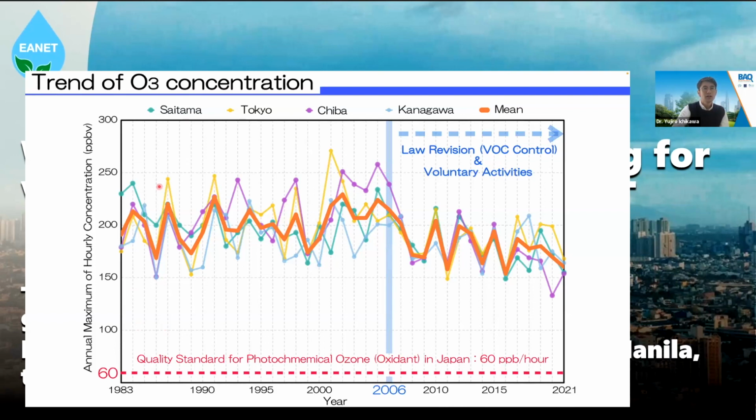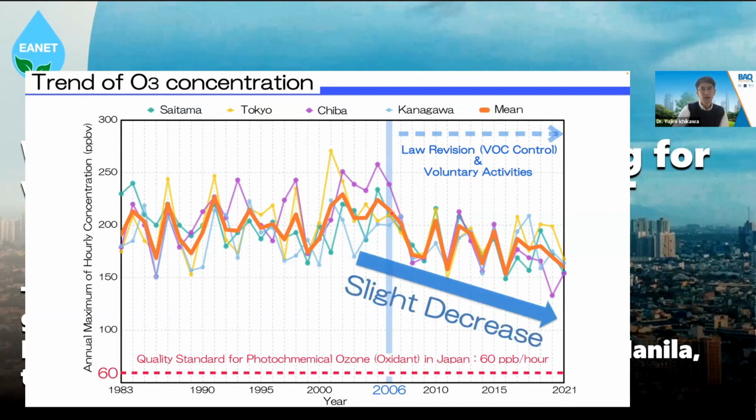Saitama is shown in green, and places close to Saitama, like Tokyo in yellow, Chiba in purple, Kanagawa in blue, and the average of these four in orange, are also shown in this line graph. And we can confirm that there has been a slight downward trend since around 2006.